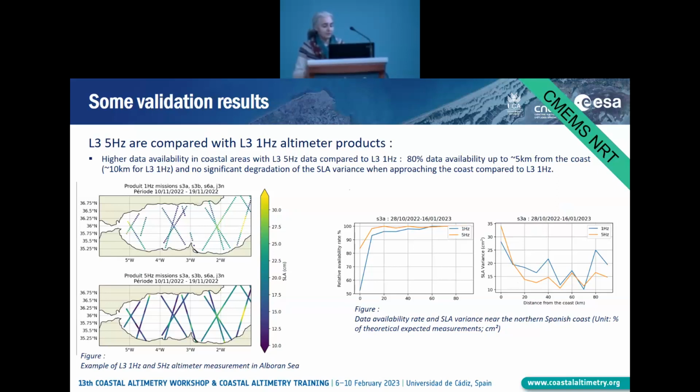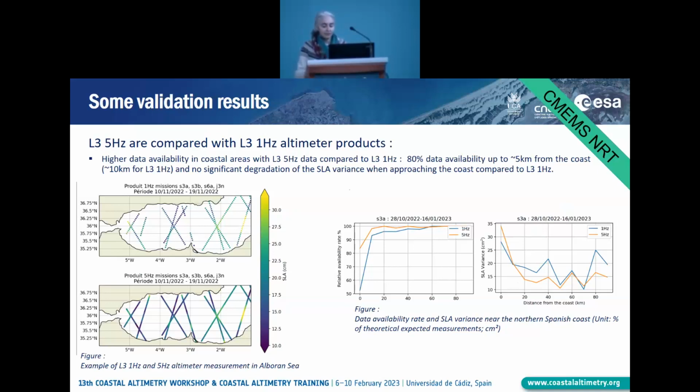And if you look at statistics along the tracks of the different altimeters, we also find that we have a better variability rate for the 5 Hz product, so closer to the coast compared to the 1 Hz. So on the right, you have an example of the variability rate obtained along the Sentinel-3A tracks, in orange for the 5 Hz product and in blue for the 1 Hz product.